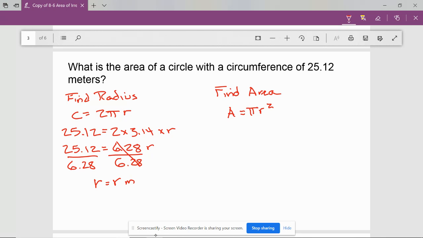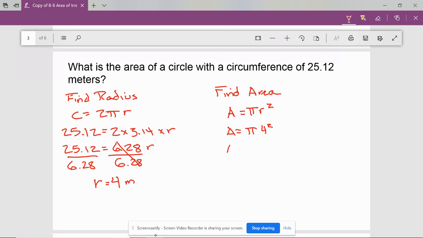So let's just fill in our numbers. Equals pi, the radius was 4, so that's going to be 4 squared. Sorry, that should have said 4.